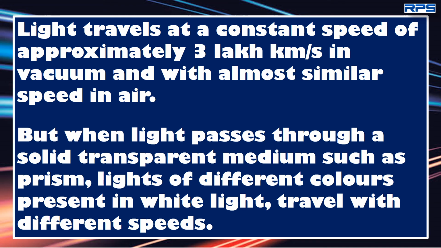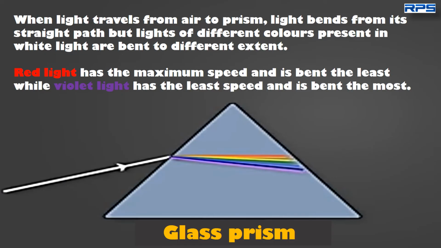When light travels from air to prism, light bends from its straight path, but lights of different colors present in the white light are bent to different extent. Red light has the maximum speed and is bent the least, while violet light has least speed and is bent the most.